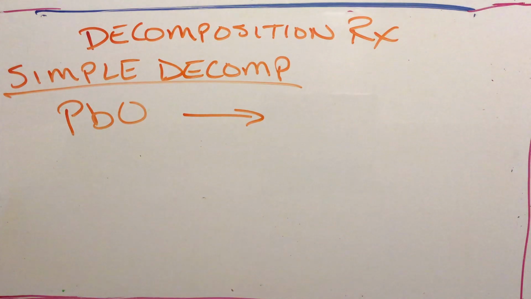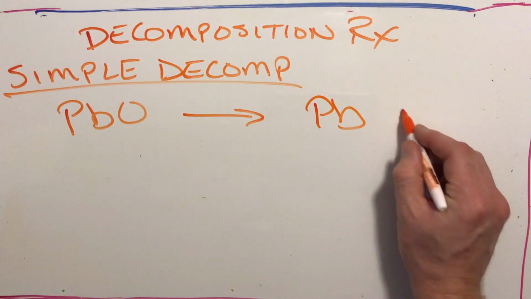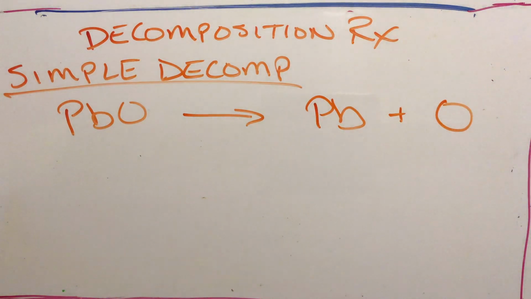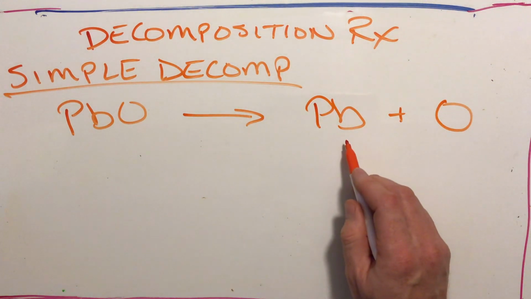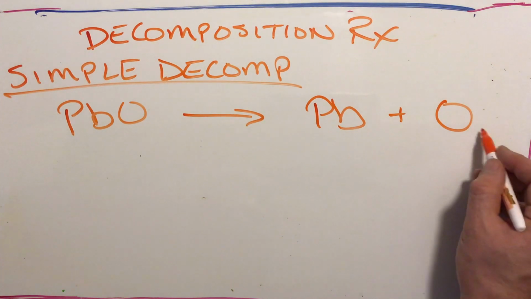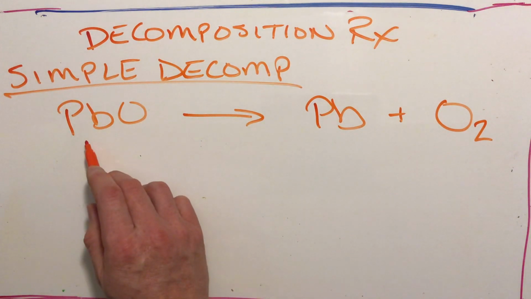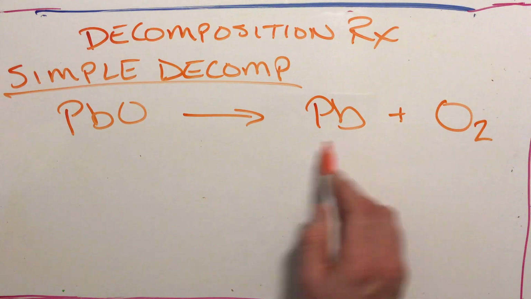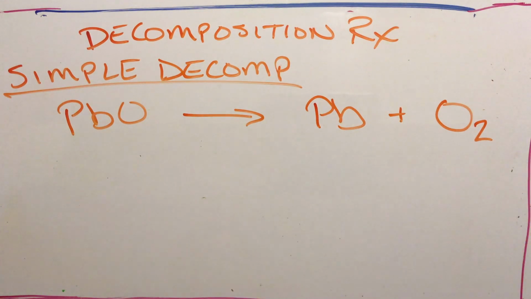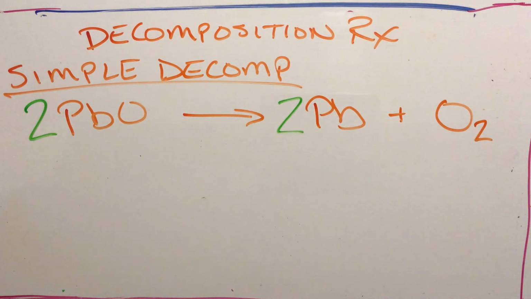Well, there's only two things I can get from that. There's only two elements there, so Pb is one of them and O is the other one. And we know any metal by itself is by itself. O is a diatomic gas. It's oxygen gas. So we look at this one, Pb, Pb, good. 1 O, 2 O's, not so good. So we will put a 2 here, and then it looks like we'll have to put a 2 there.